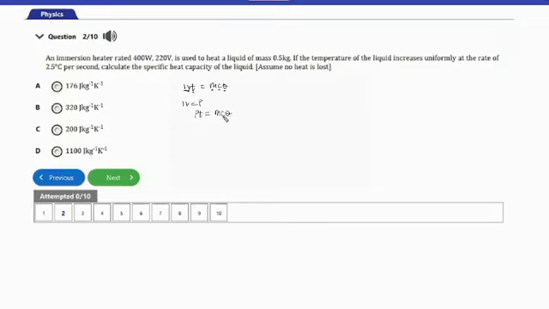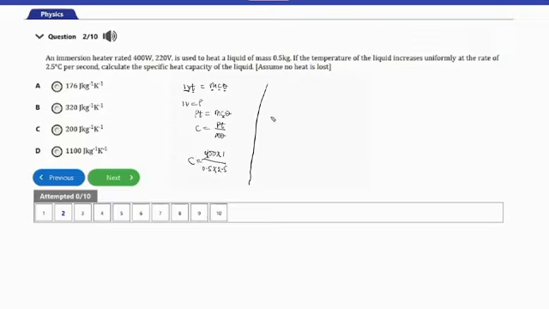So to find C now becomes PT over M times theta. So in that case, the power is 400 watts, then times the time, which is 1 second, then all over the mass of 0.5 kg times the change in temperature 2.5 degrees Celsius.